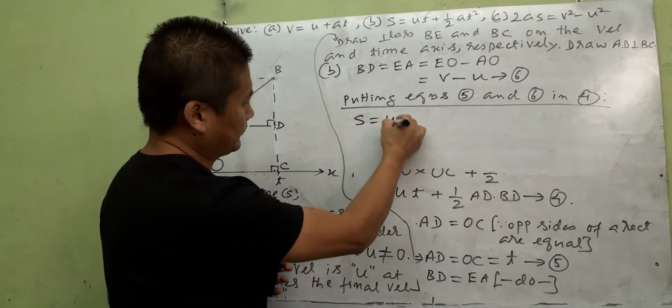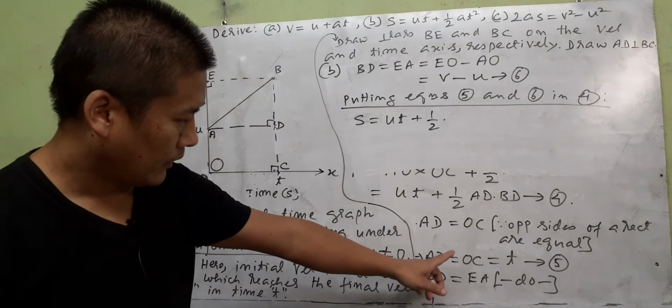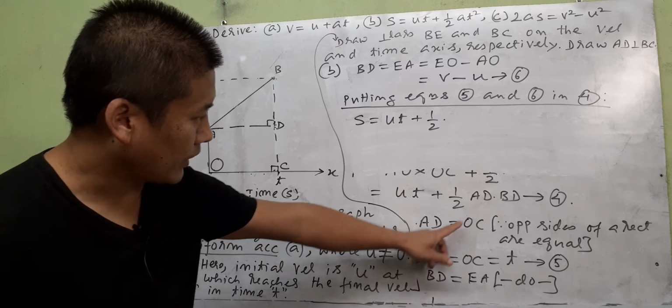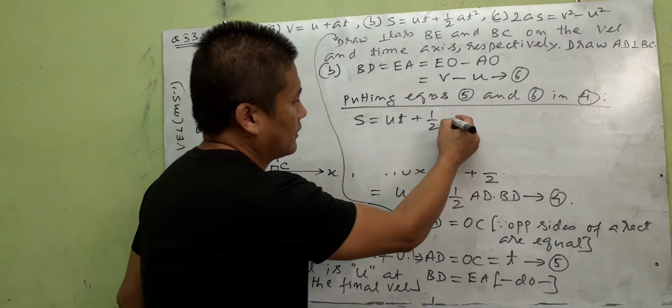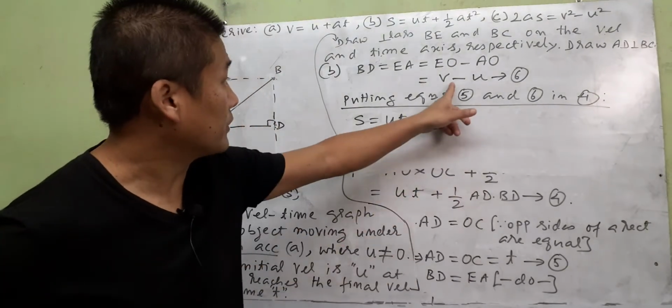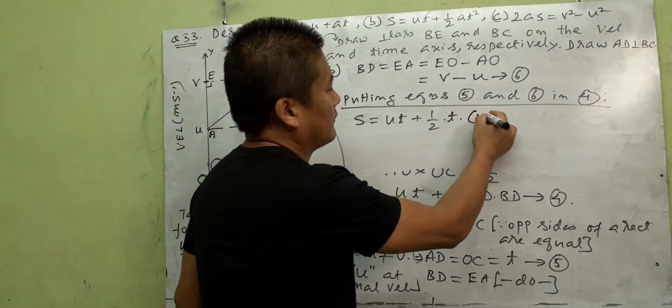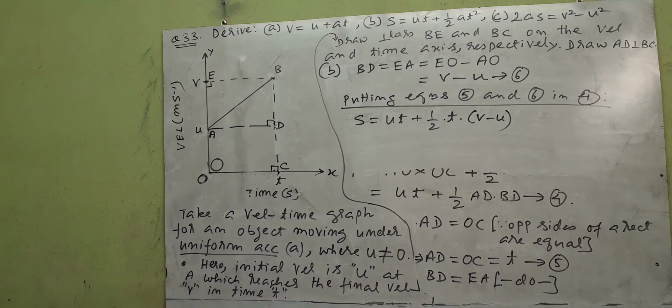S equal to UT plus half into AD, which has been found to be T, into BD, which has been found to be V minus U. Right, so that is what we get.